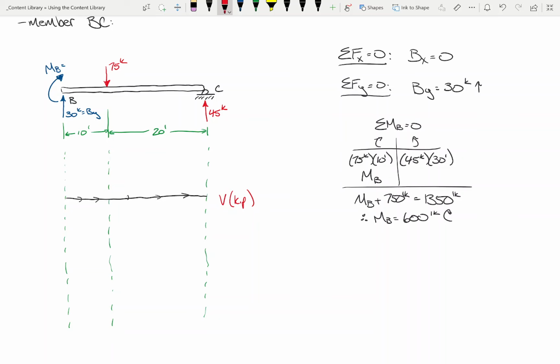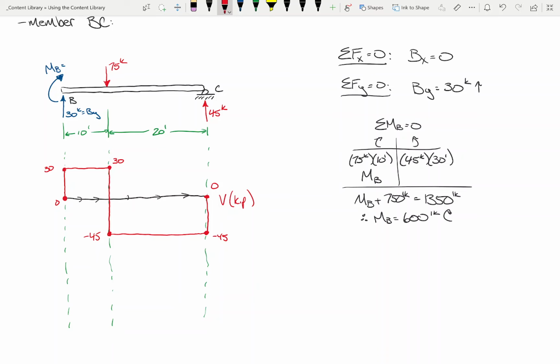Hopefully I can go through this pretty quickly. We're going to start at 0, move our way up to 30, go over, go down 75, and bring me back up to 0.